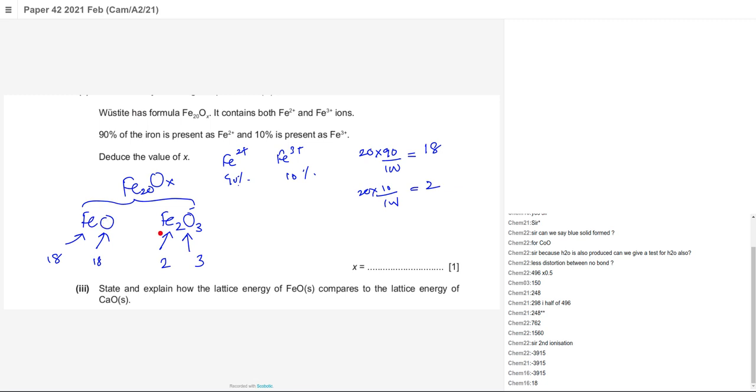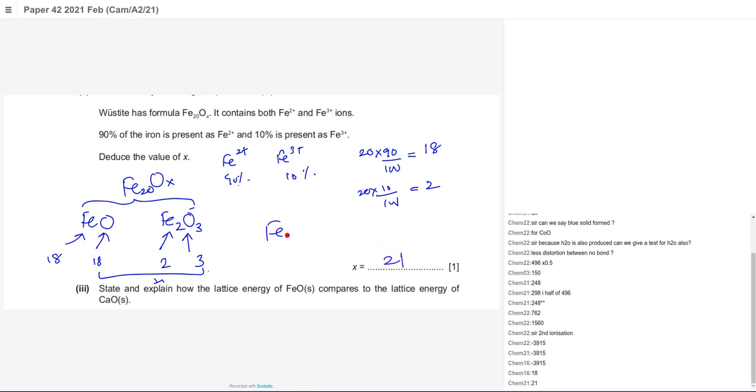Here, if 3+ is 2, O has to be 3. So how many oxygens total? 18 plus 3, 21, right? So X is 21. So it's Fe20O21.